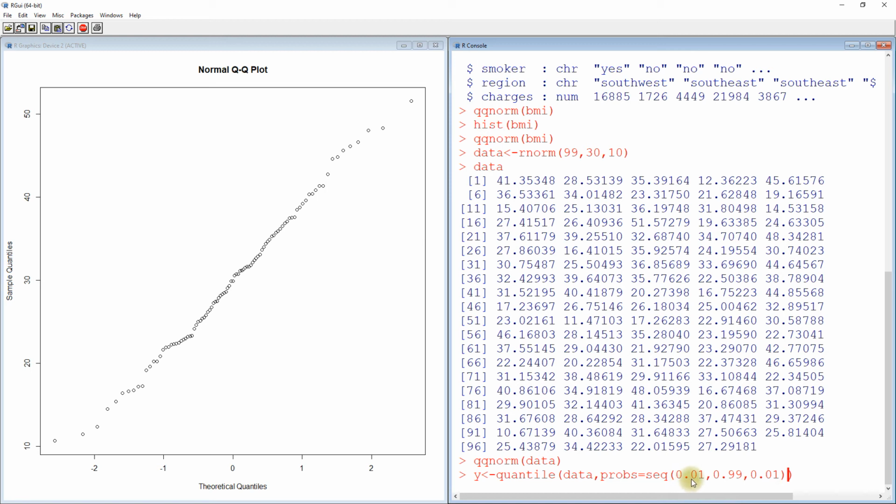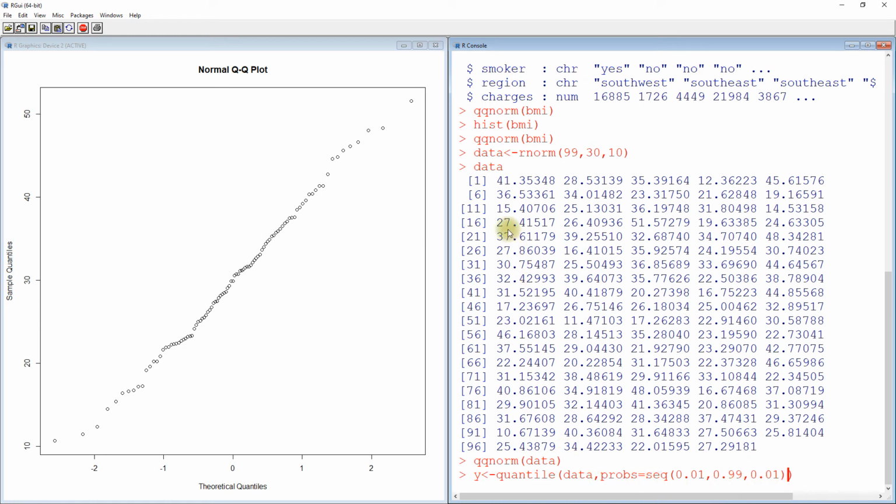So the first one is the first percentile, or the 1% quantile. Then the second one would be 0.02, which means the second percentile, or the 2% quantile, and it will go on up to 0.99. This is what I mean by steps of 0.01.